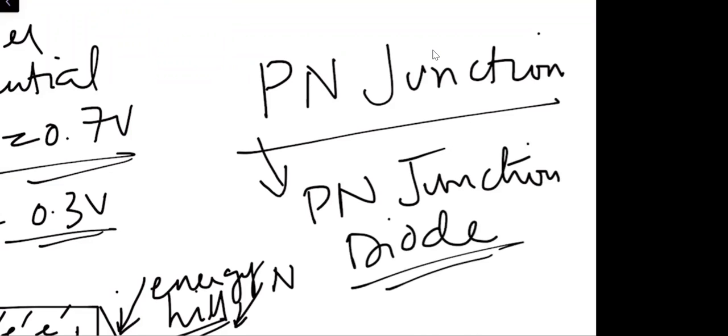From this, we will look at how the PN junction actually works, how it behaves, and how we can bias it in the positive direction and in the negative direction.